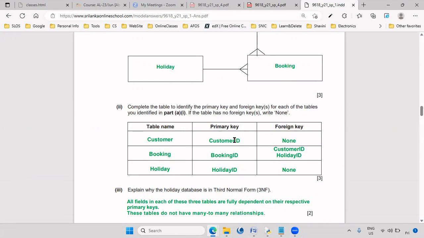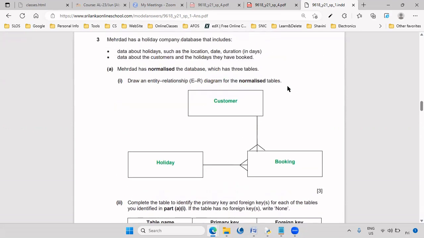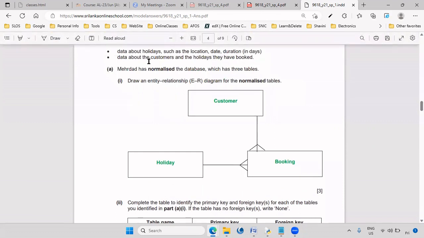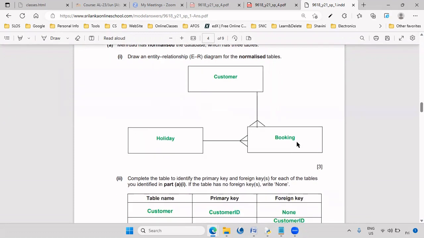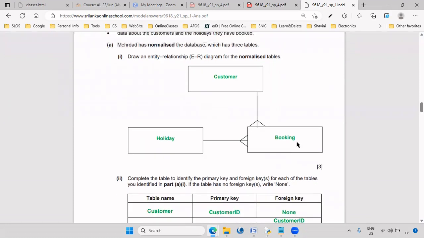We have to have a primary key; we have to make one if there is none. Out of the data about the customer and the holiday, no unique data is available. Usually it's a name, address, phone number, those things, so you can't have a unique way of identifying them.